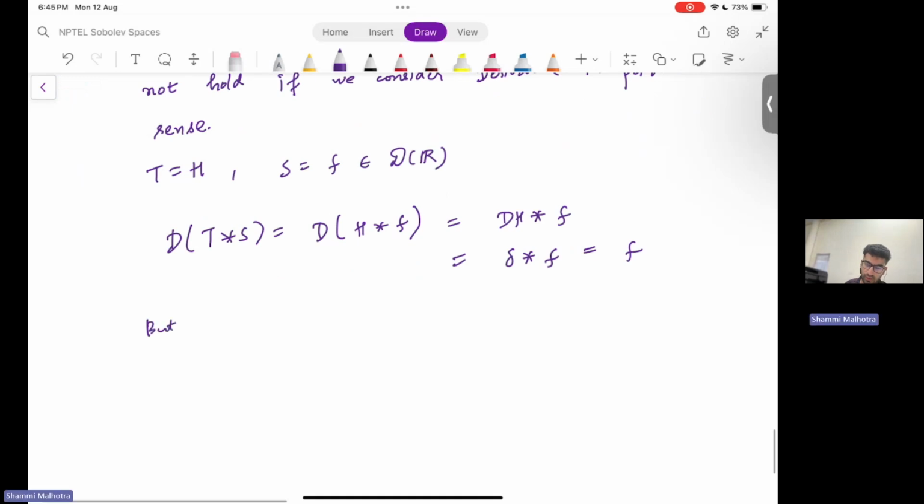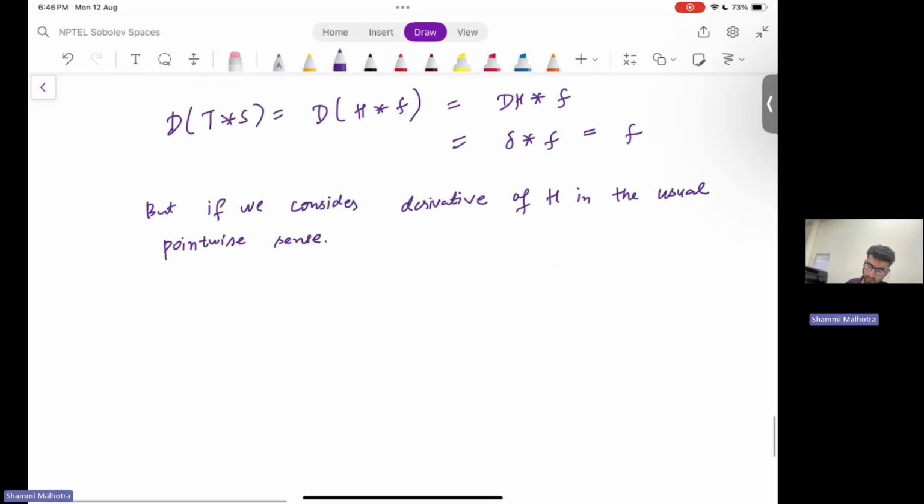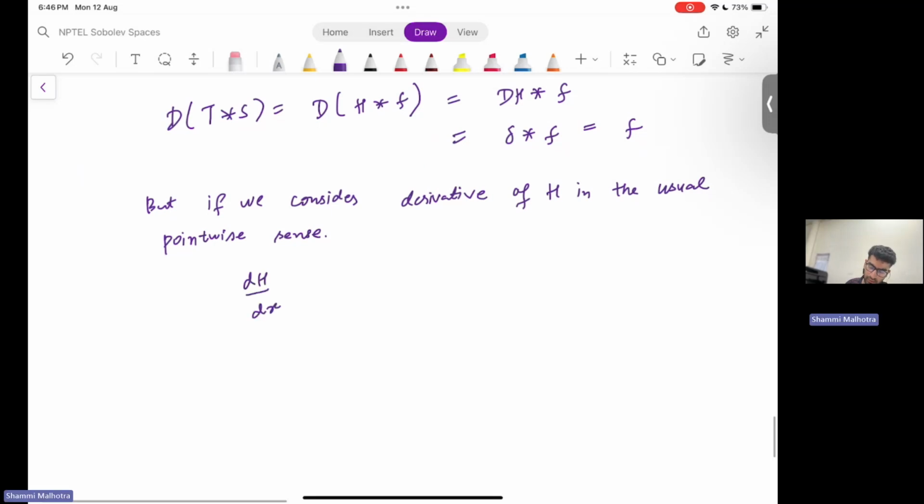But if I consider the derivative of H, ultimately this H is a Heaviside function and has a pointwise derivative except at 0, in the usual pointwise sense, then what do we know: dH/dx at x is 0 for all x non-zero.